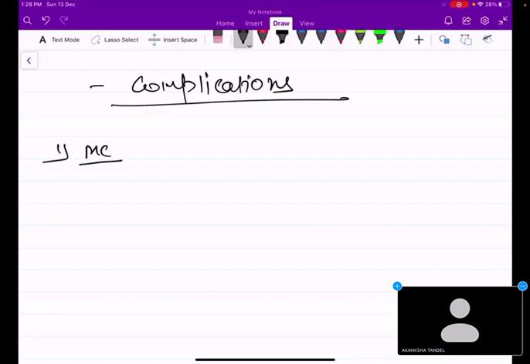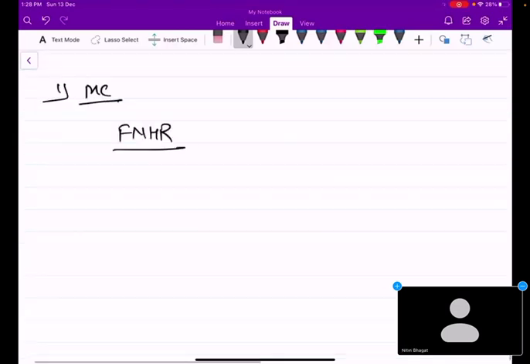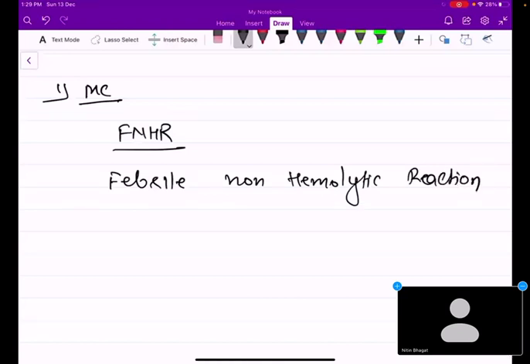So the most common complication is FNHR, that means febrile non-hemolytic reaction.